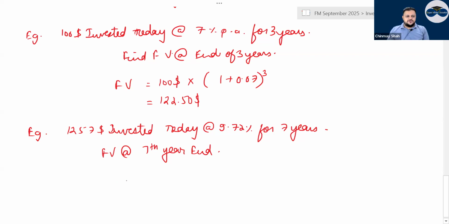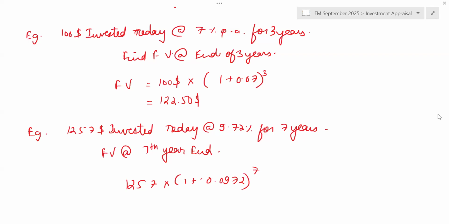So how do you do that? 1257 multiplied by 1 plus 0.0972, raised to 7. How do you do this on the calculator? Anyone using a normal calculator, do you understand how to find 1.0972 to the power 7? Sir, I'm using a normal calculator.